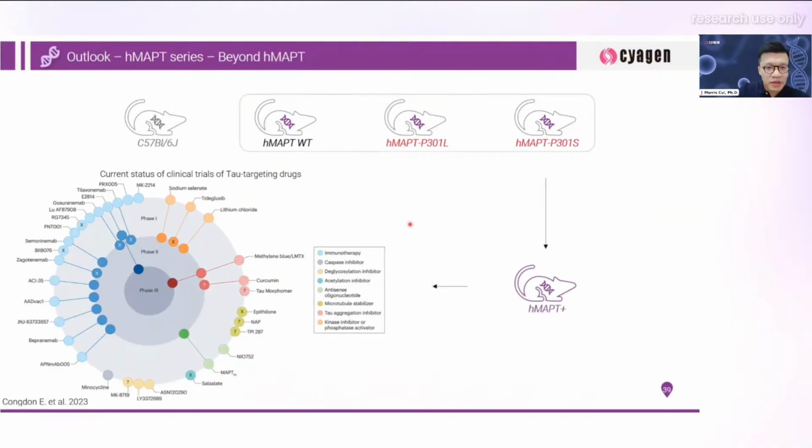We think there are plenty of opportunities to intercept the entire tau pathology using not only tau as a target, but also other tau-related processes, such as here indicated the acetylation inhibitor, the antisense oligonucleotide, and also kinase inhibitors and stabilizers.